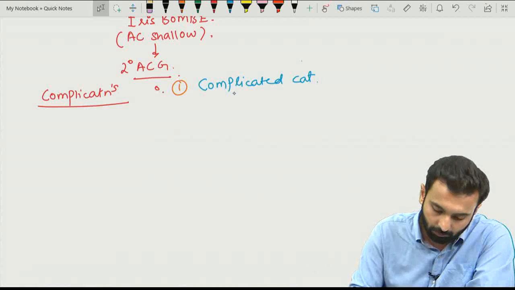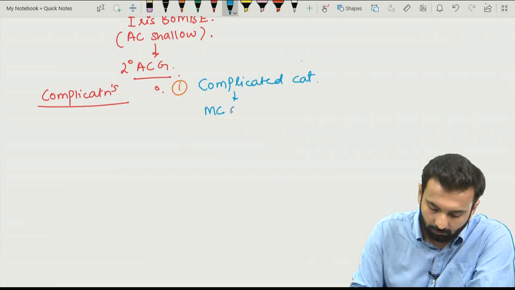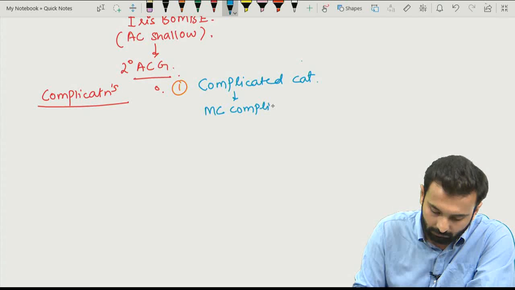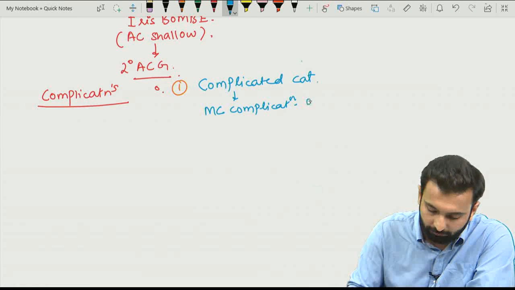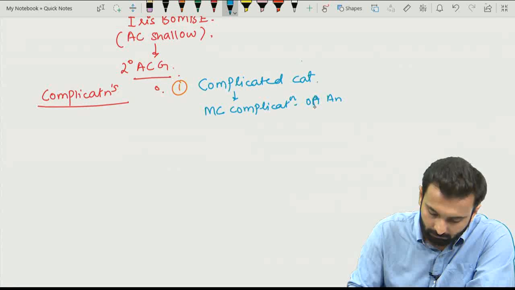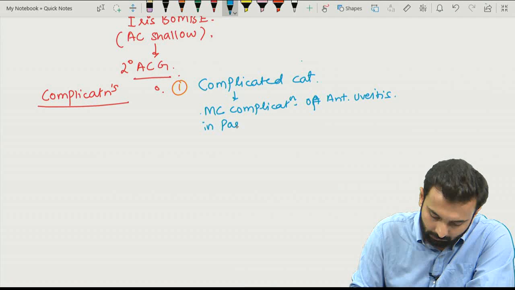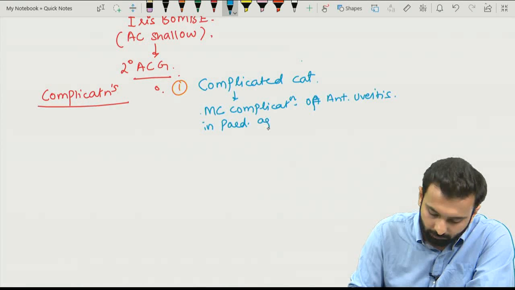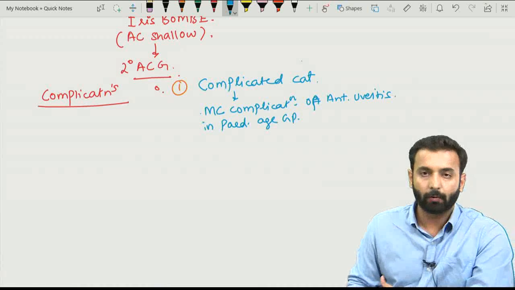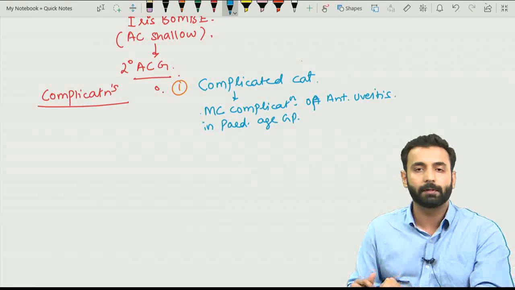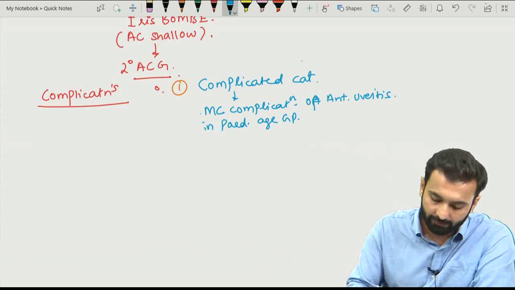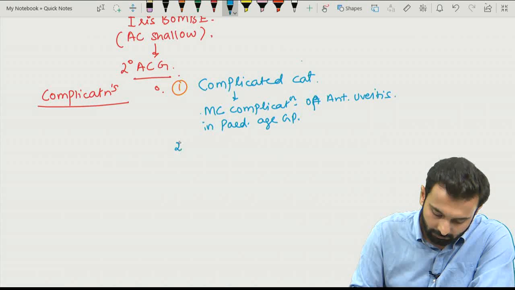This is the most common complication of anterior uveitis in pediatric age group patients. In pediatric age group, complicated cataract is the most common complication of anterior uveitis.